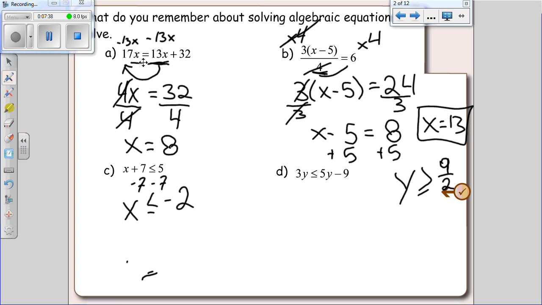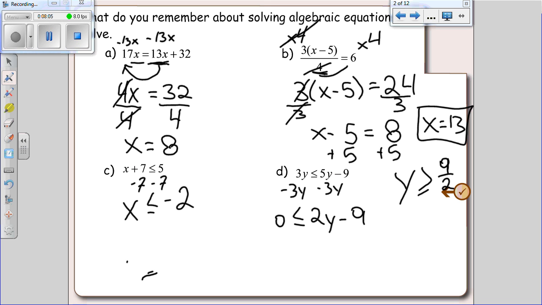So, the question is, if we do the question the other way, which is what I would have wanted to do, we're going to subtract 3y from both sides. Subtract 3y. And we get 0 is less than or equal to 2y minus 9. I'm going to add 9 to both sides, and then divide by 2.